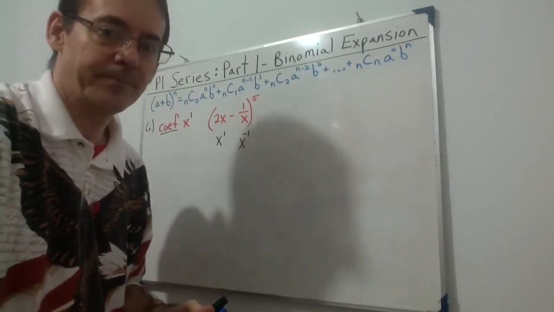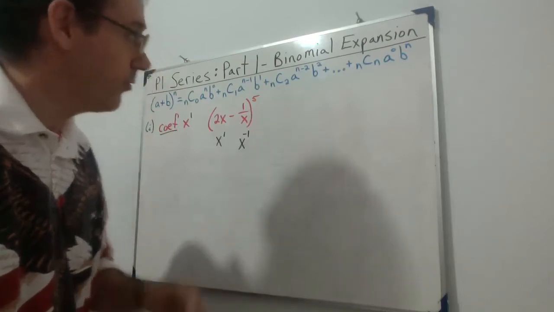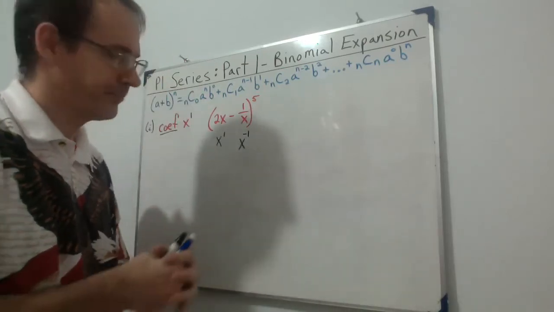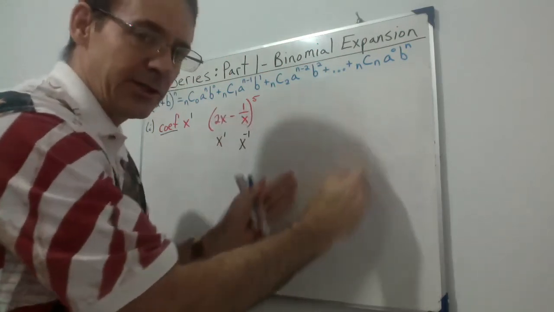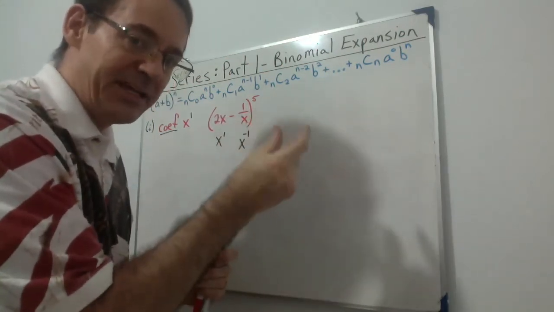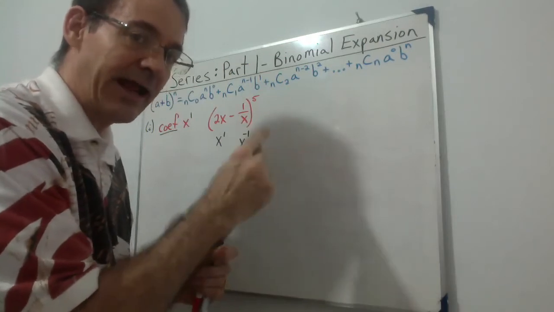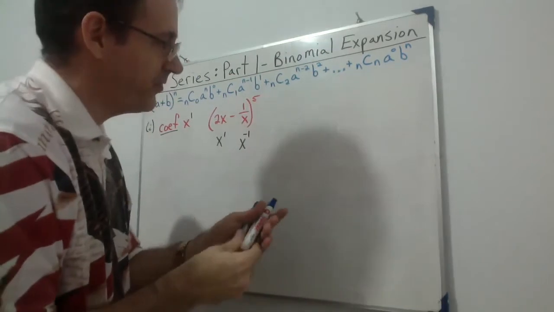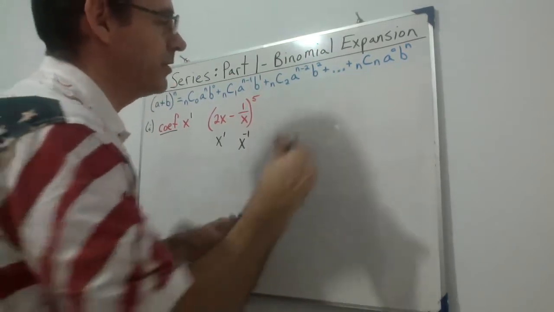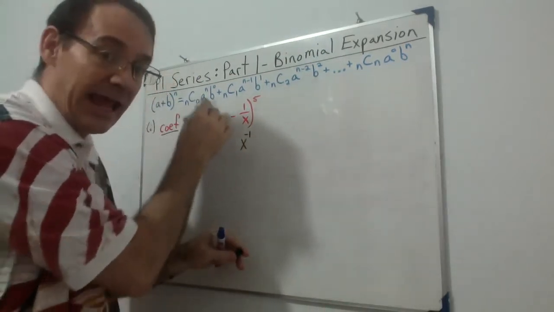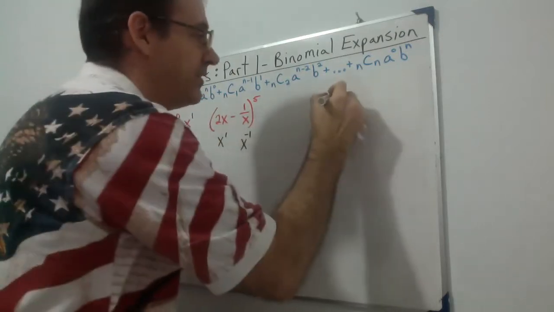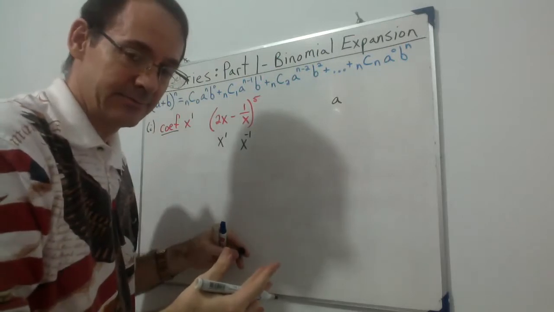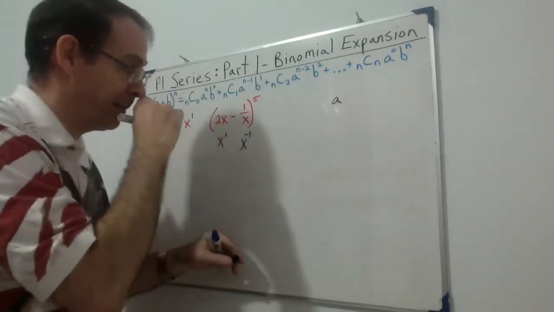Okay, so the algebraic way, I'll start with that first. Remember when we looked at the pattern of the A, B multiplied together, their exponents added up to n. So the first thing that we're going to do is we're going to put A to represent the exponent of A. Okay, so this is our A term.